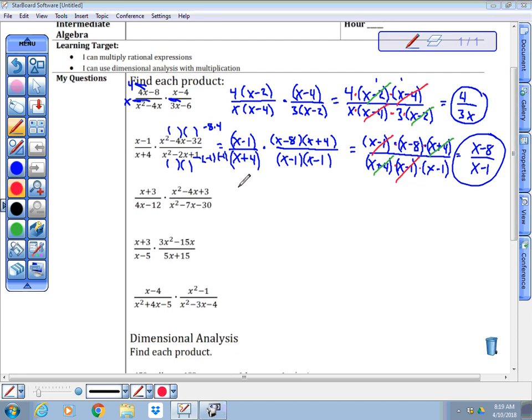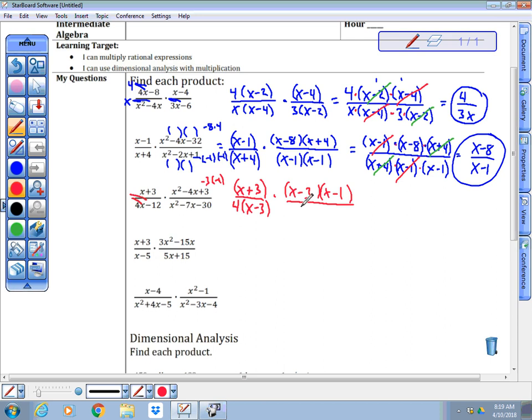Alright, next one here. Let's rewrite it as x plus 3 on top. And then let's GCF out a 4, and it leaves it as x minus 3. I'm going to put that x plus 3 in parentheses. Times, let's do a factoring, and it's going to be negative 3 times negative 1 to give me positive 3, and negative 4 when I add them together. So I have 2 parentheses, x's in both, a minus 3 and a minus 1.